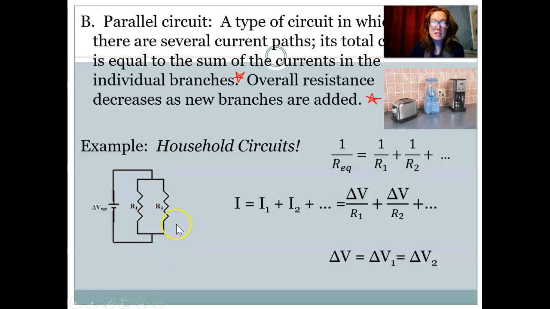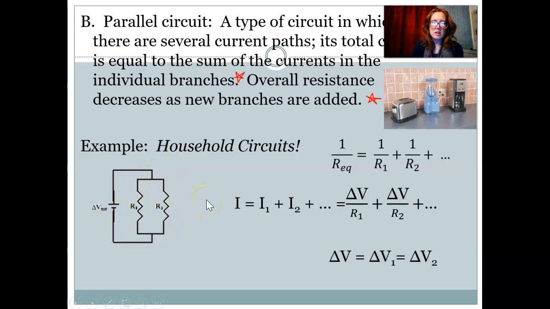Like the more branches you add, if I add another one over here, then electrons see more paths to get to the other side of the battery, okay? So this is like opening an extra lane in a traffic jam. If suddenly another lane opens up, then you can get more cars through, okay?